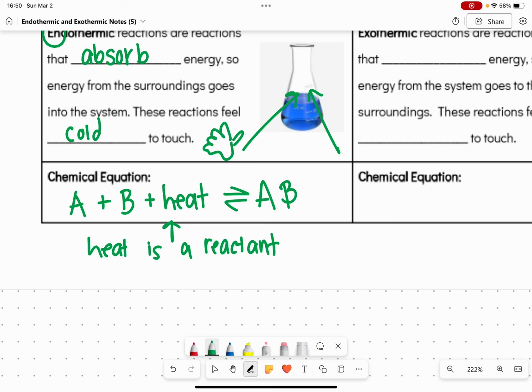Now, when you see actual chemical equations, you are not going to see the word heat. It is going to be represented by a number with the unit J. So it'd be like plus 370 J on the left side, okay?